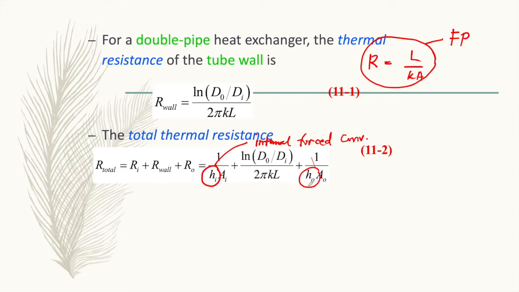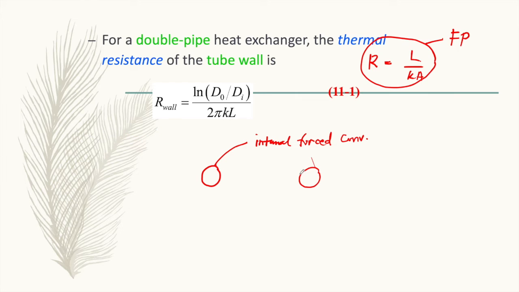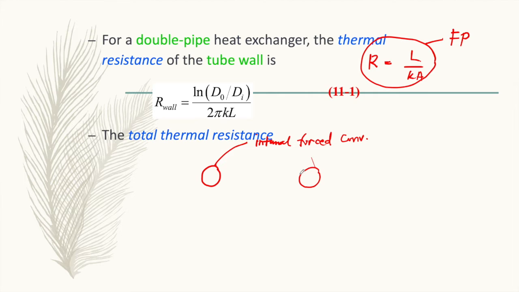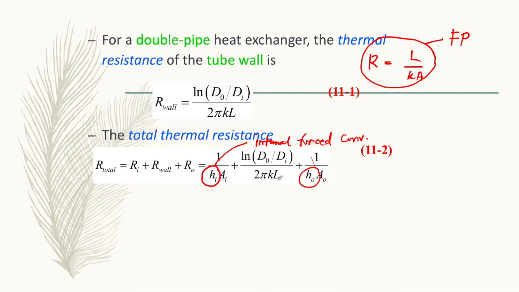Okay, what about Ho? Ho is the annular space, and I will explain more on how to calculate the annular heat transfer coefficient. But at this point, Ho is external forced convection.